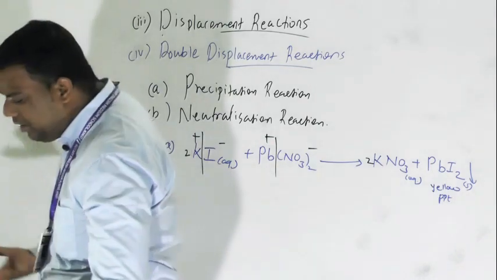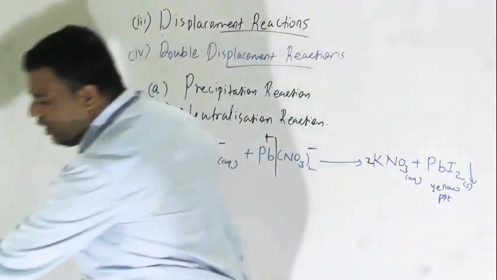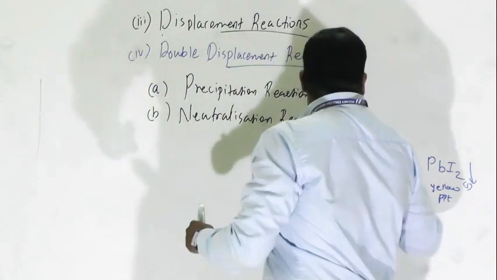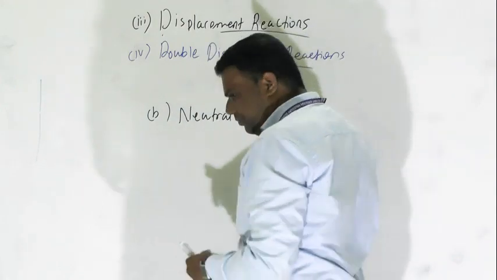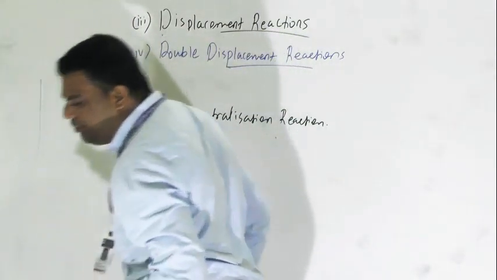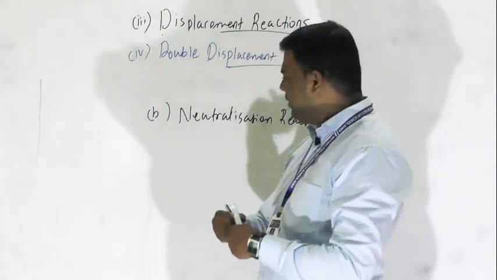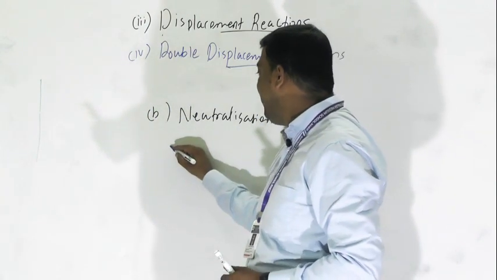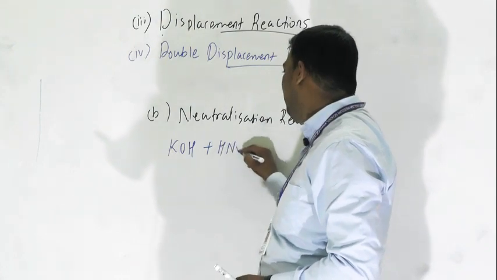Now we will see some examples of neutralization reaction also. See here, neutralization reaction, that is our small b part. Neutralization reaction means basically acid plus base. See here your base KOH plus HNO3.